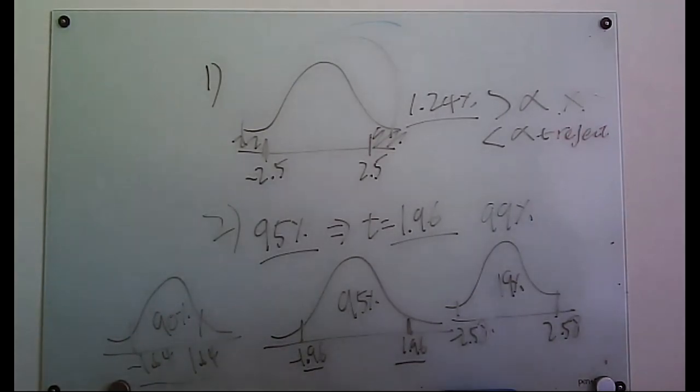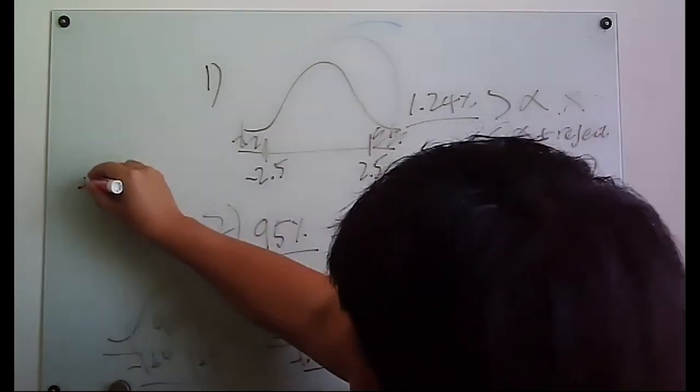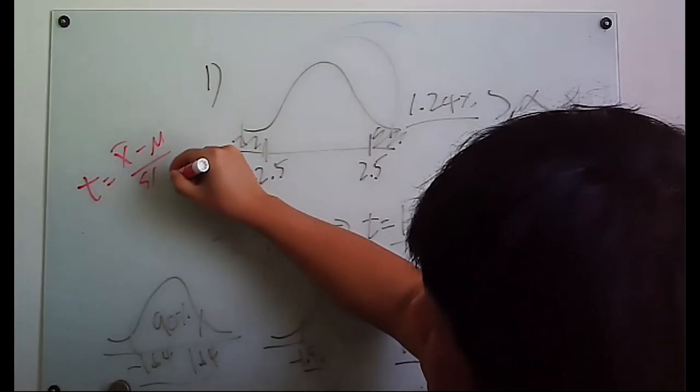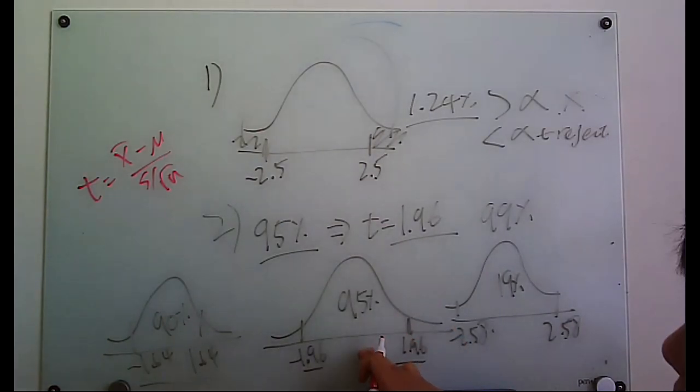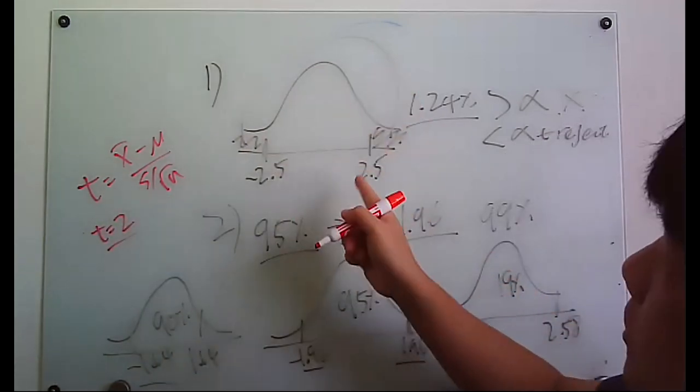Based on that, what you can decide is this. The t-stat was basically x bar minus mu over s over square root of n, right? That's what we learned previously. If the t-stat is inside this interval, then we cannot reject. If it's outside, we can reject. For example, let's use t equal to 2.5, as we did over here.